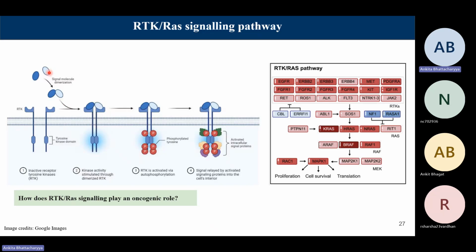After the ligand has bound, there is dimerization of the two receptors, which stimulates the kinase activity, and then the RTK becomes activated via autophosphorylation. Basically, it transactivates itself, and then upon the phosphorylated tyrosine, a lot of proteins are able to bind, and then that is relayed into the cell interior.